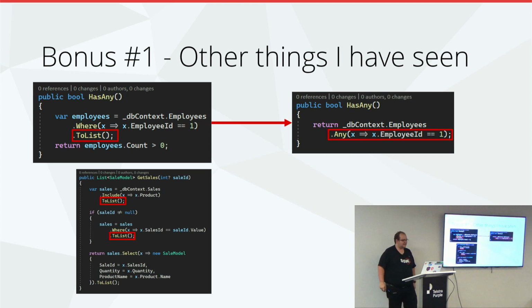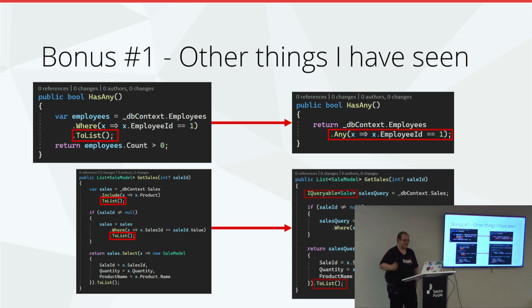And here we have GetSales. What they try to do here is basically add multiple filters. They're just getting everything from the database, and then they want to do additional filtering in memory that is sometimes optional. Don't do that.